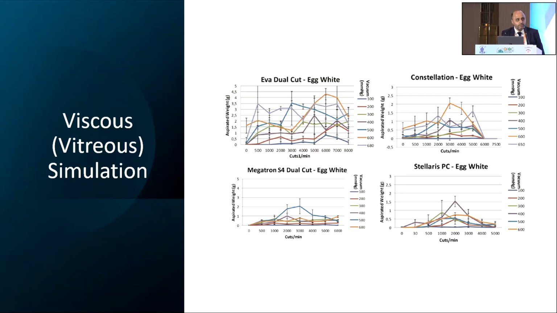So probably the dual cut mechanism improves the duty cycle, with the cutter port more open at more times.